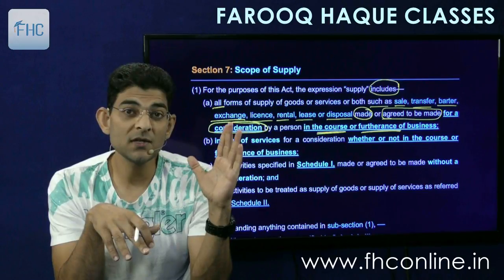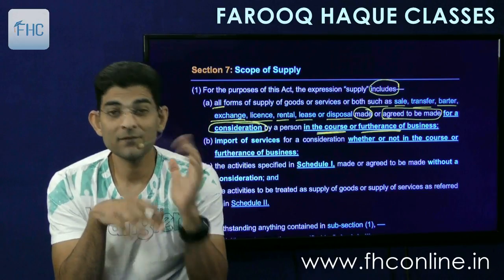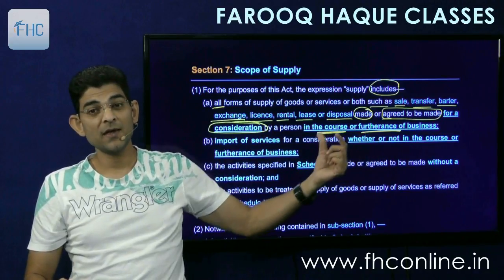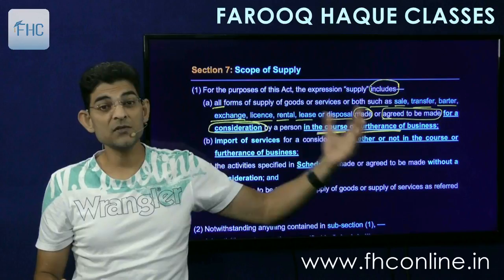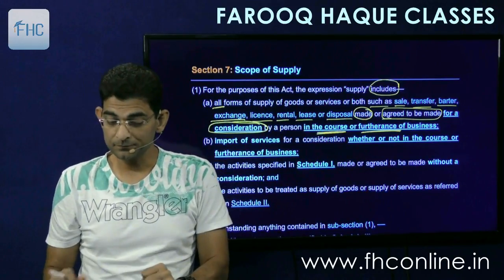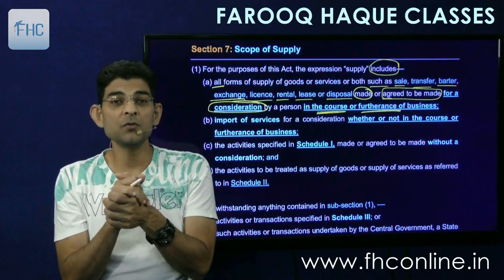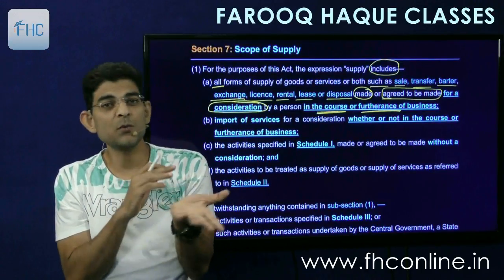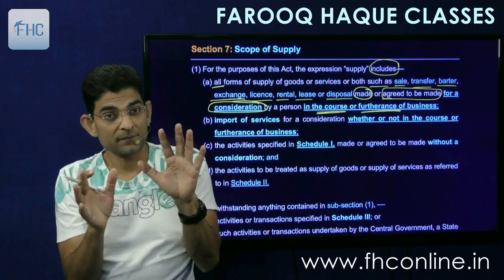No, it is in furtherance of my business, right? So in the course refers to the regular course of activities. Furtherance means starting something new. Okay, so both are included. So whatever goods you purchase in the course of business as well as in furtherance of your business, they will be called supply.